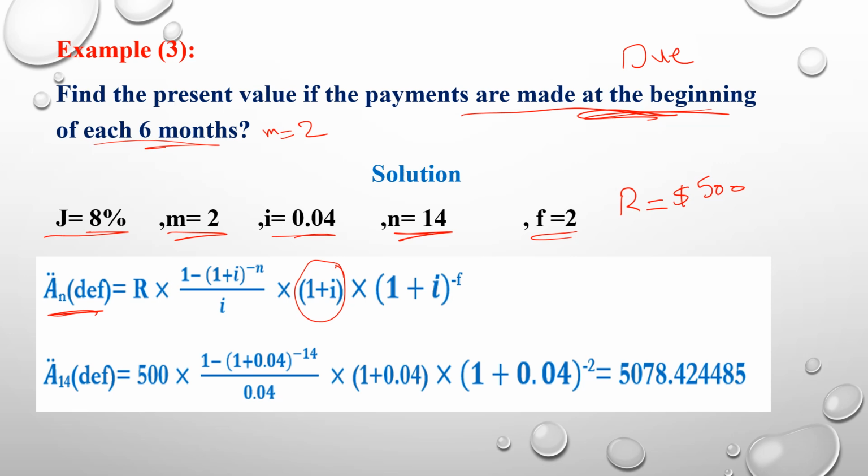By substituting the values of R, i, n, and f, we get 500 times (1 minus (1 plus i), which is 4%, to the power of minus 14) over i, times (1 plus i) times (1 plus i) to the power of minus f. So the present value of these deferred annuities due equals this amount.